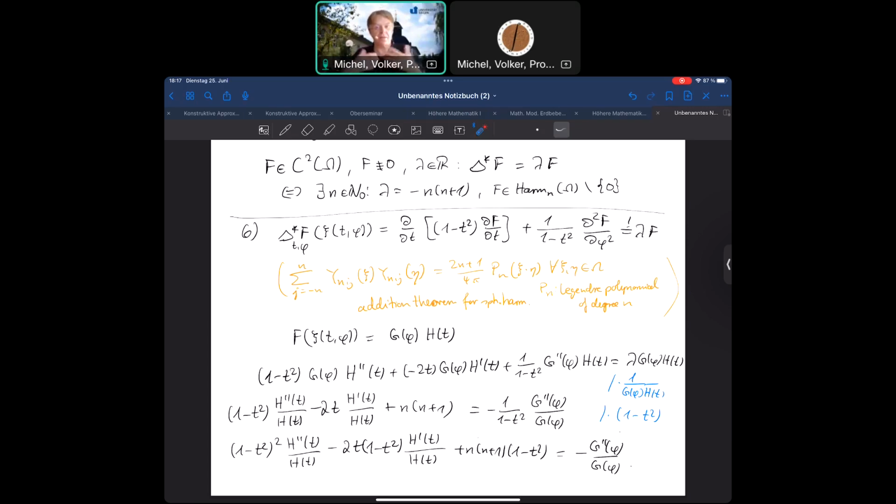So as a consequence, changing t is not allowed to change the whole term, and changing phi is not allowed to change the whole term that occurs here, which means both sides have to be constant. So this is equal to, I will call the constant mu.